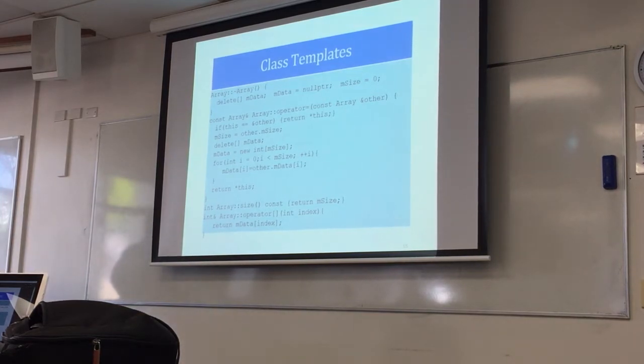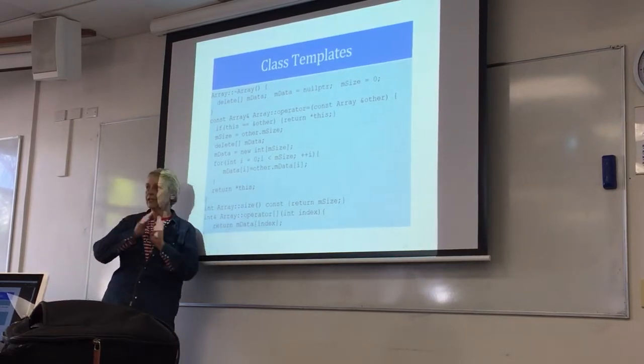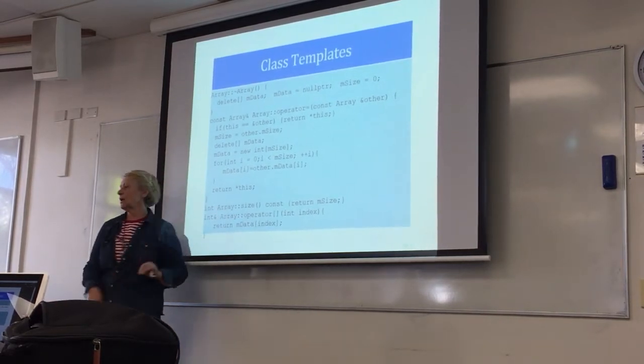As you can see, we don't perform any checking that the index is between 0 and size minus 1, which would be good if we really look for safe data. Normally here we should return this only if the index is between 0 and size minus 1.